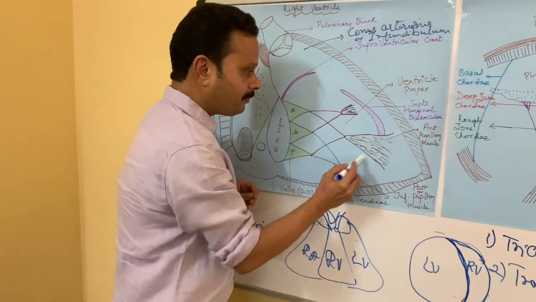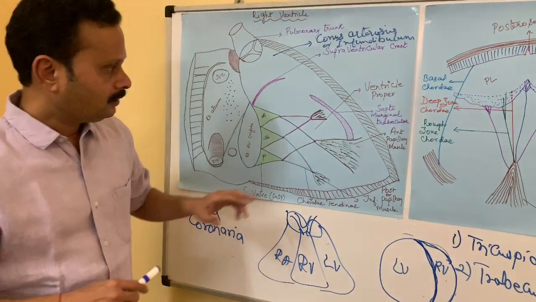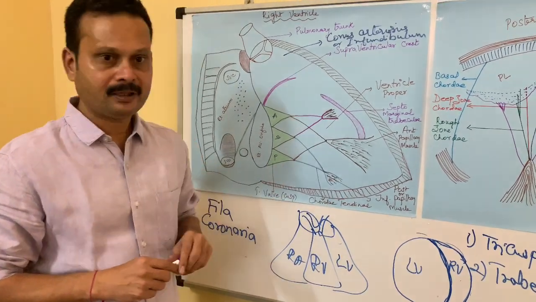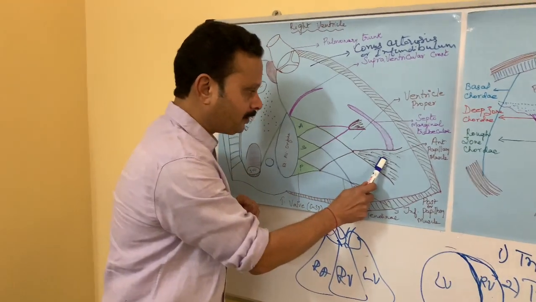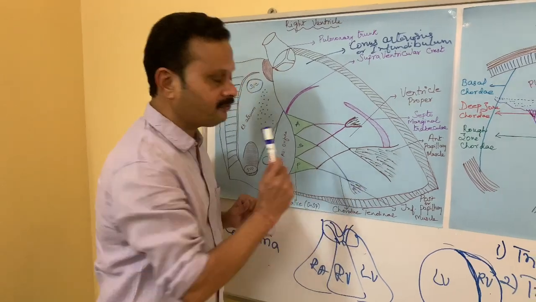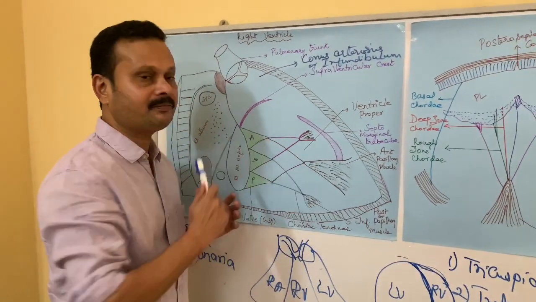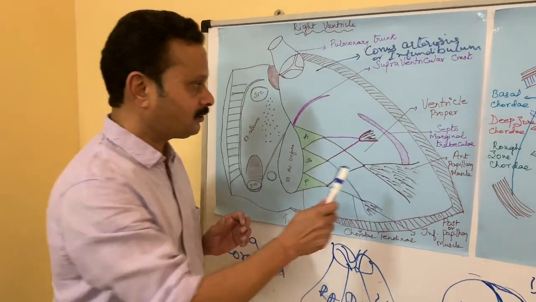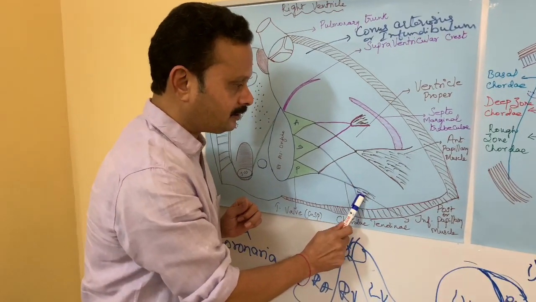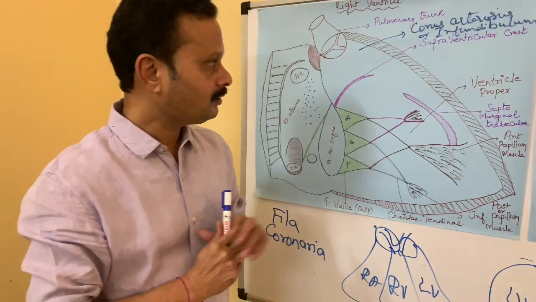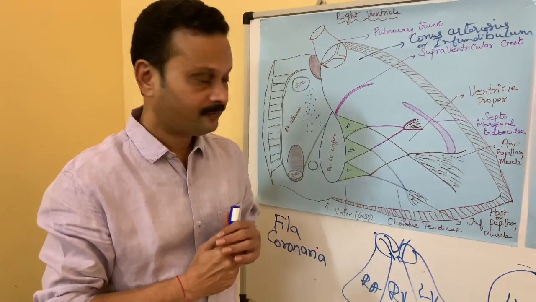Now coming to the papillary muscles, these are conical muscles which are usually two in number: anterior papillary muscle, and posterior or inferior papillary muscle. Sometimes a septal papillary muscle may also be seen. This is the anterior papillary muscle, this is the posterior papillary muscle, and this one is a septal papillary muscle if present.